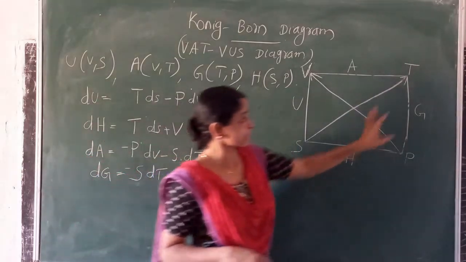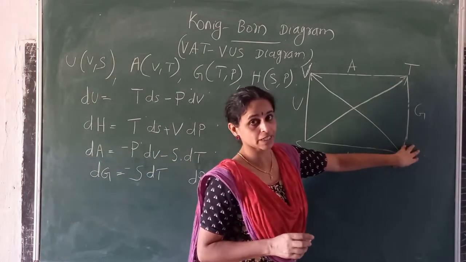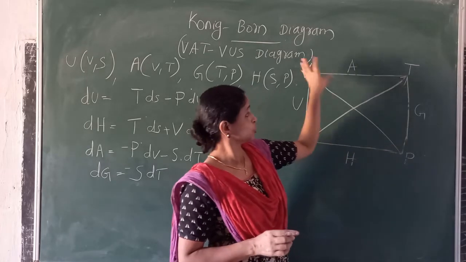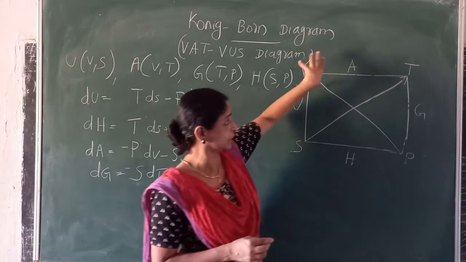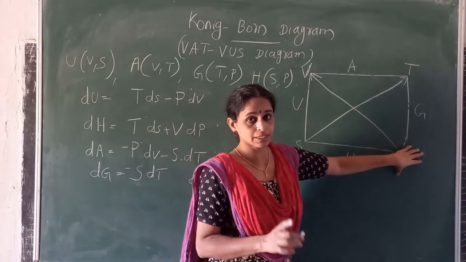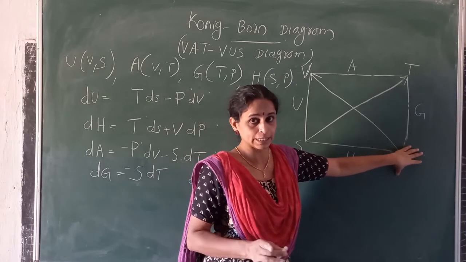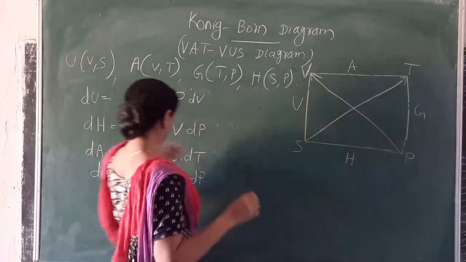The next one is P. From the differential coordinate to the conjugate coordinate, from here to here, is the same direction. So for this differential coordinate, dP, the coefficient is plus V.